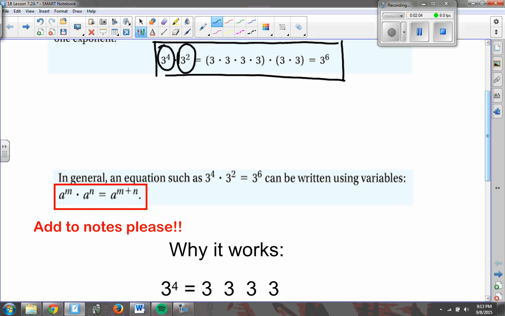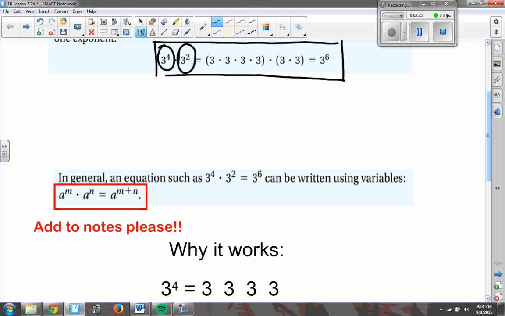All right? So here it is. In general, an equation like the one we just looked at, 3 to the 4th times 3 to the 2nd, which ends up equaling 3 to the 6th power, can be written using these variables that you can plug any exponent you want into. Okay?